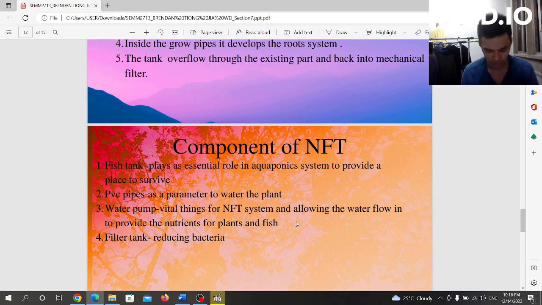If your water pump is not reliable in distributing the water in the system, the consequence could be a failure in building and maintaining your aquaponics system. The filter tank, or sub tank, helps in reducing bacteria and preventing fish diseases.